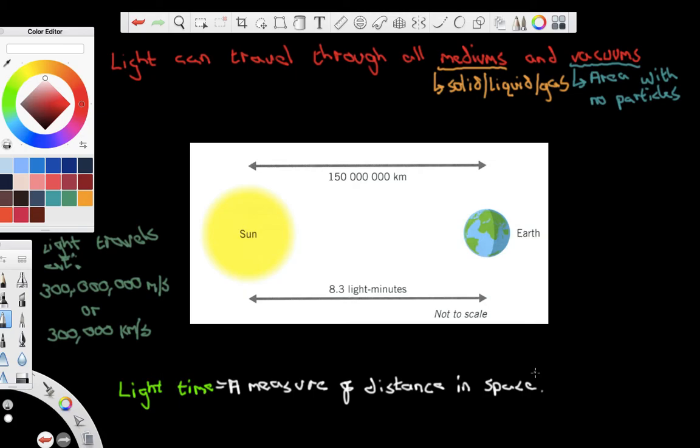Okay? Now, for example, a light minute is how far light travels in 1 minute. So we can say a light minute is how far light travels in 1 minute.